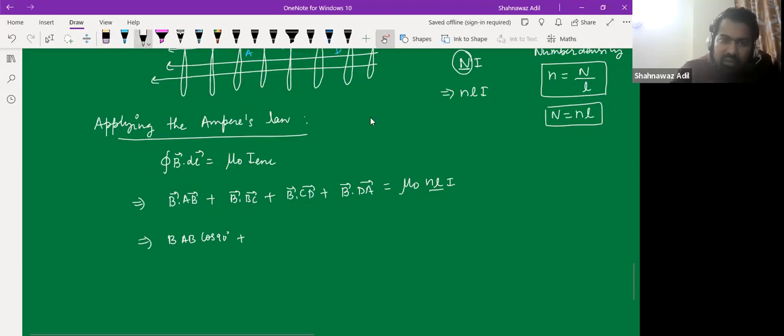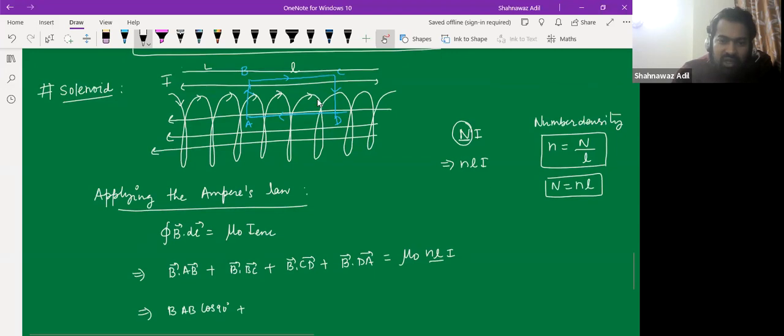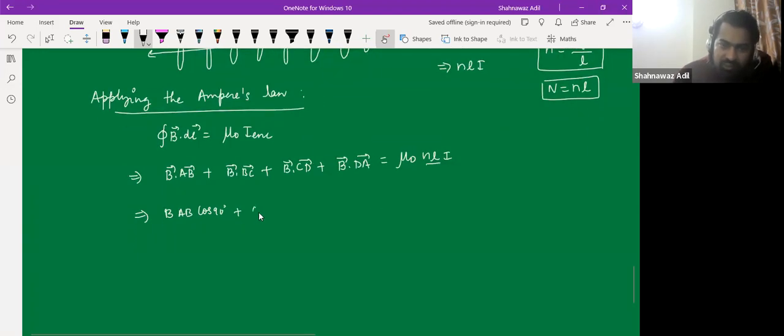And then B dot BC. Do you have any magnetic field in this region? This is outside the solenoid, so the magnetic field is zero outside. So this is zero.